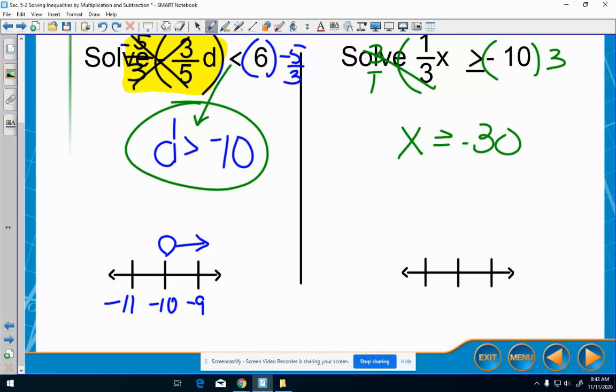Because if there's a negative attached to the variable, I'm ultimately going to be multiplying or dividing by that negative number. Here, I wasn't. So if I left this as 20, 30, and 40, oops, fail. Better turn those around because that's a negative. Okay, we're closed and going to the right.